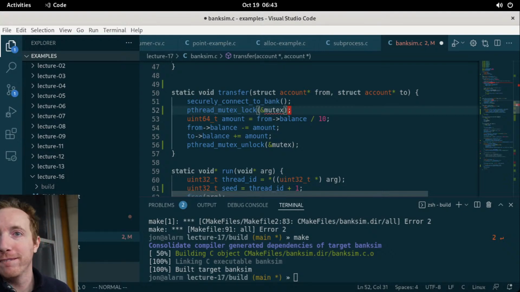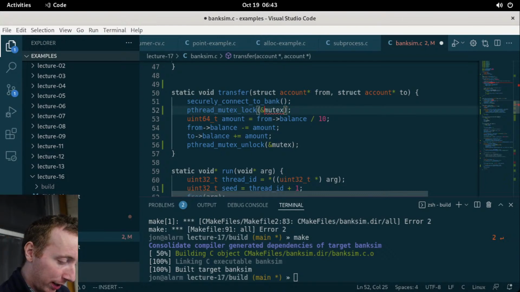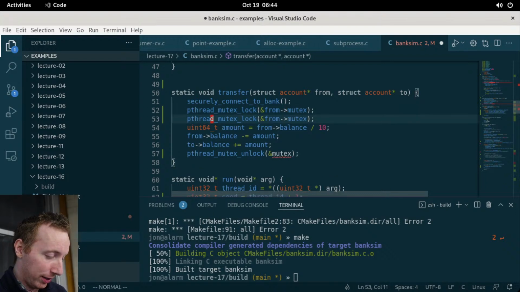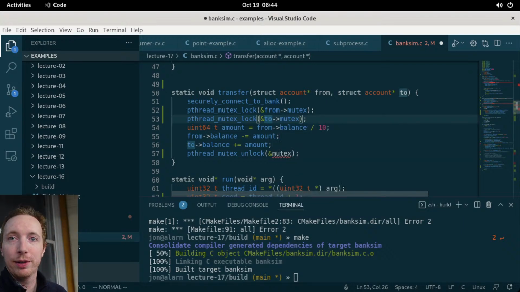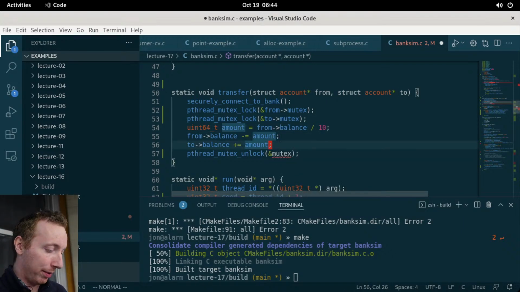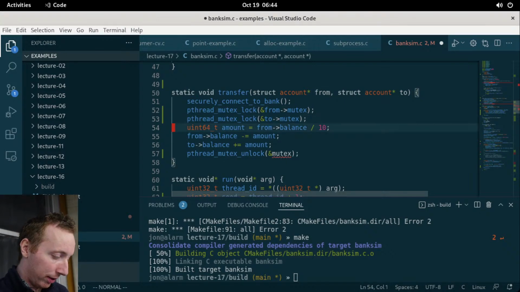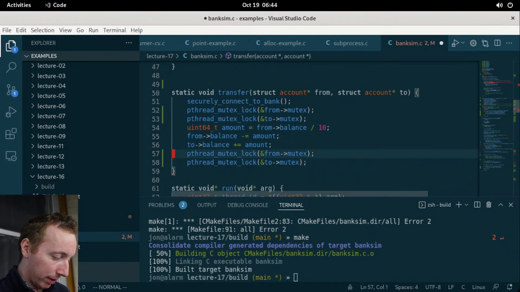The mutex for the from and to accounts. For both of them? Yeah. For both of them, okay. Do you care what order I do them in? No, don't care. So that's okay? To and from? Okay, so I'm still missing something. I should unlock them. I'll just do them in reverse order.